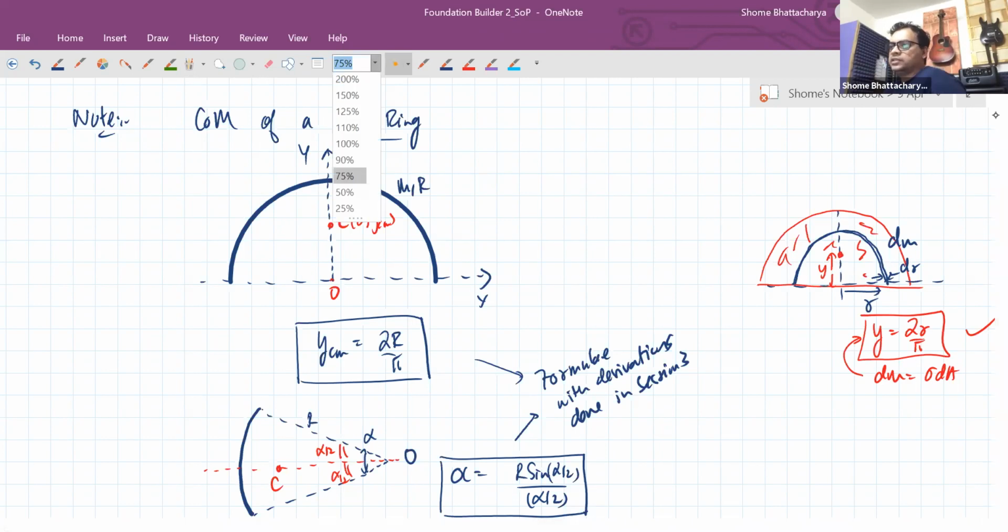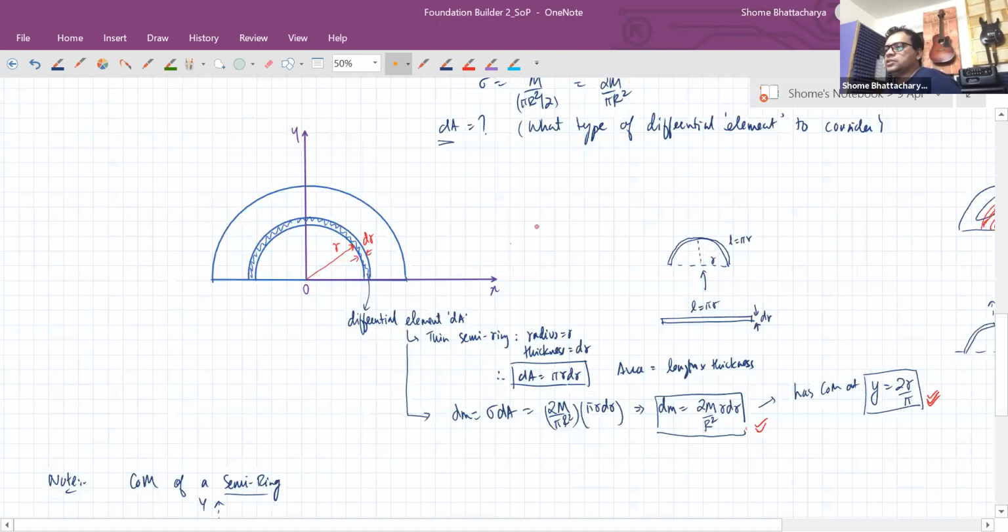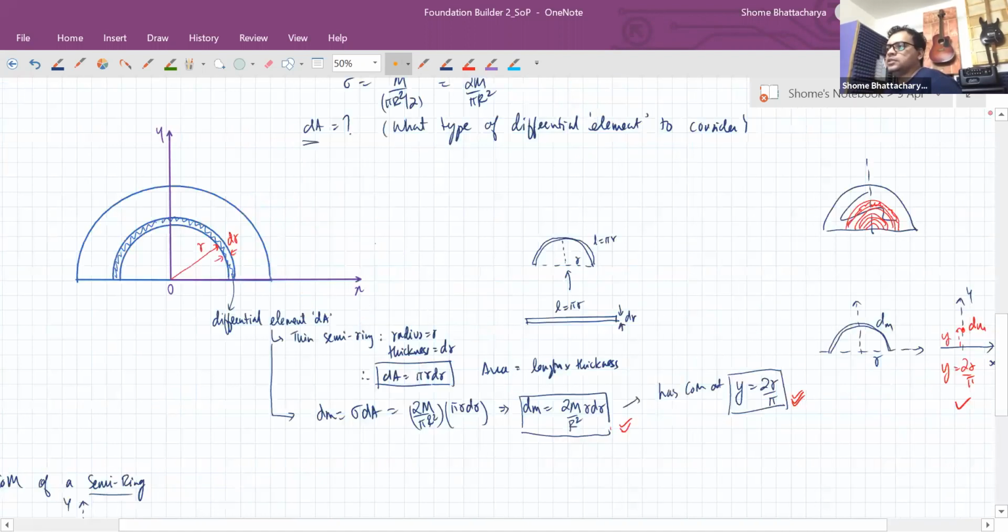So we are just borrowing a formula that we have already derived in the previous lecture, and it is very important that you understand that this is coming from the direct application of that formula. Once you understood this, now we need to substitute this and this in the formula for ycm of the whole semi disk.